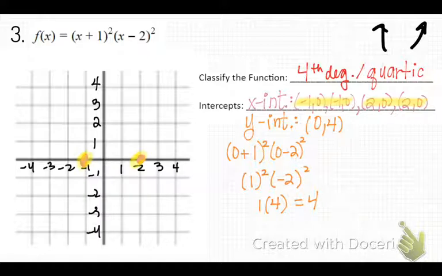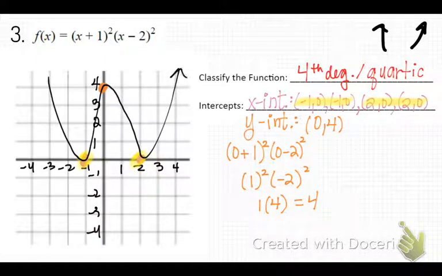Both have multiplicity. And then my y-intercept is at 0, 4. Have I graphed that correctly so far? Now, do I start in the top left or the bottom left? Top left. And I'm going to bounce, come back through, bounce, and come back up. Is that my quartic graph? Okay, good. Ready for the last one before you do the rest?